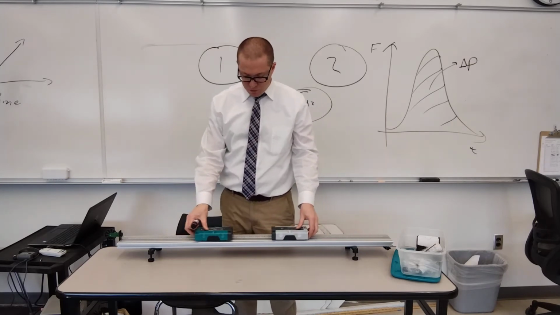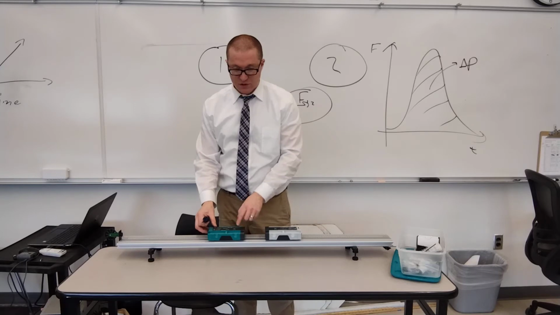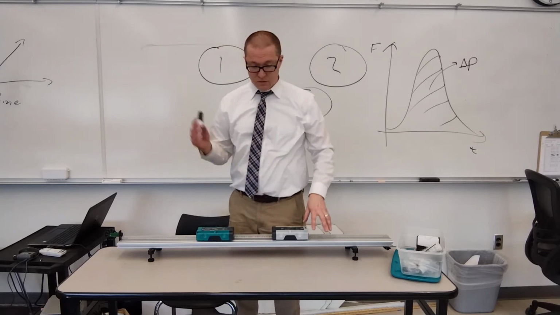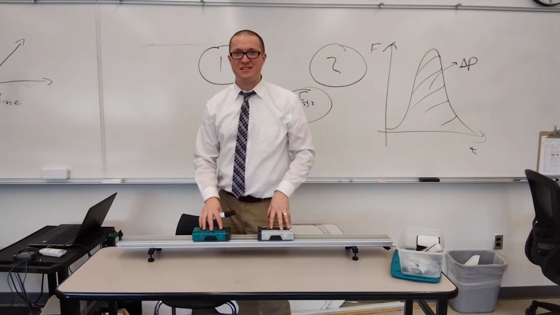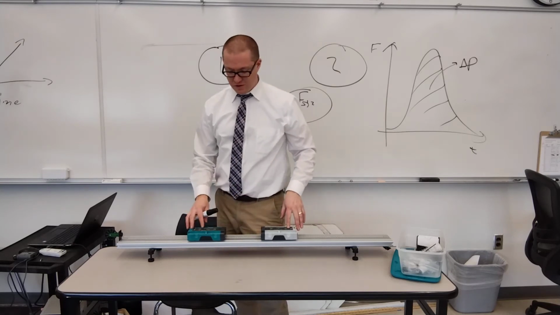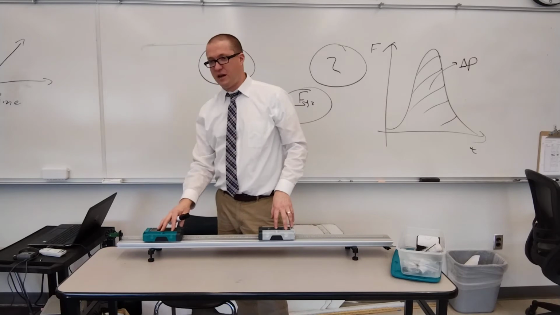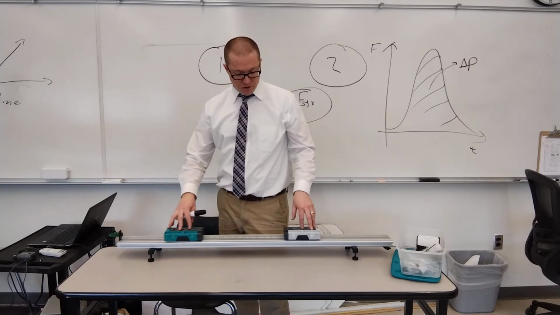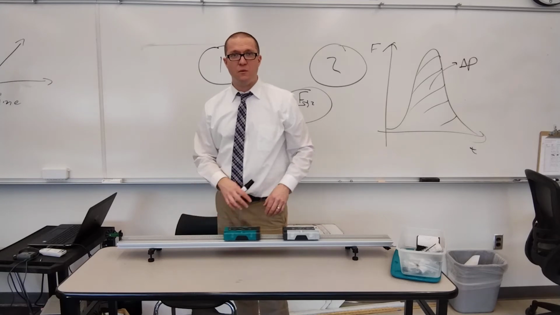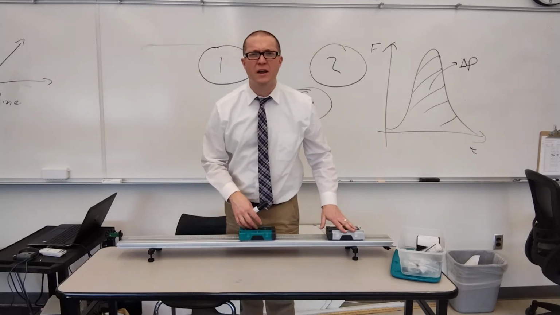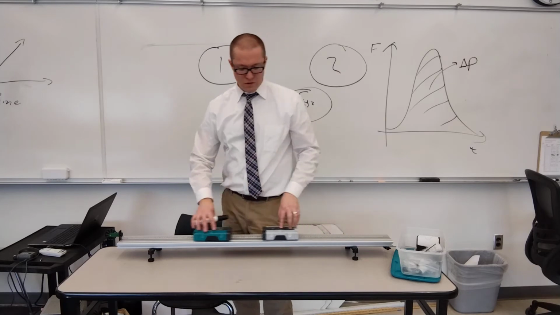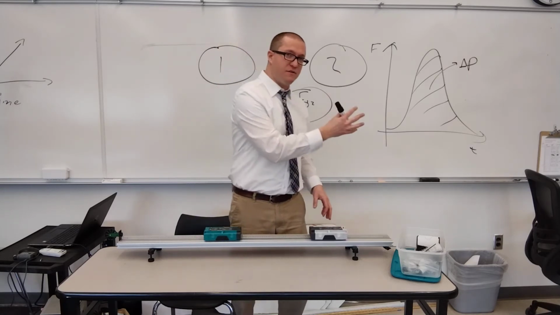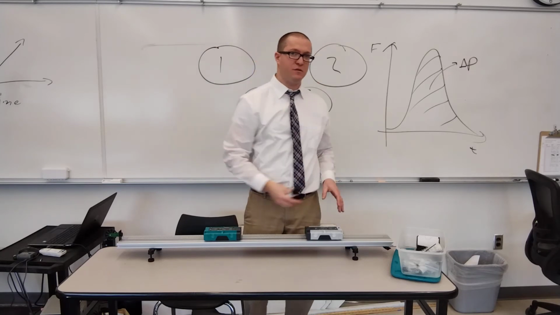Because when they collide, that force on cart 1 due to 2 is in the negative direction, so the impulse is in the negative direction. The force of 1 on 2 is in the positive direction, so this one's impulse is in the positive direction.